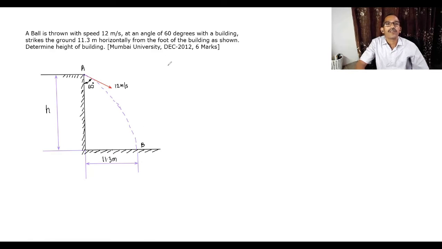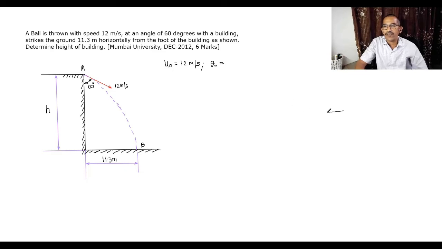Now what data is known? First one, the initial velocity of projection is known, that is u0 equal to 12 meters per second. Now the angle theta 0 is very important. If you want to find theta 0, here 60 degree is not the angle of projection, because the angle of projection is always measured with the horizontal.